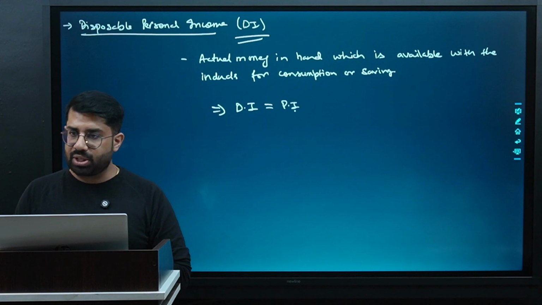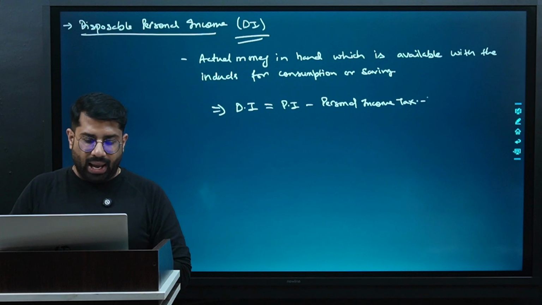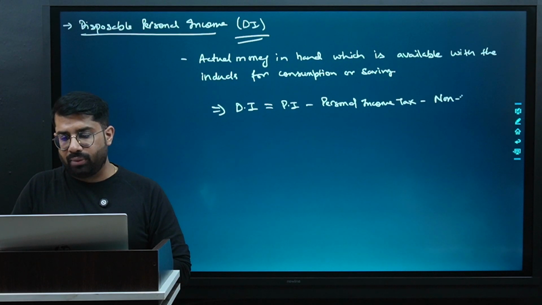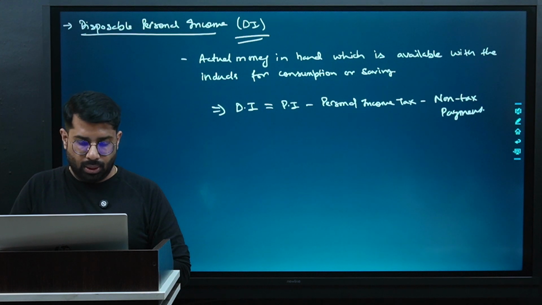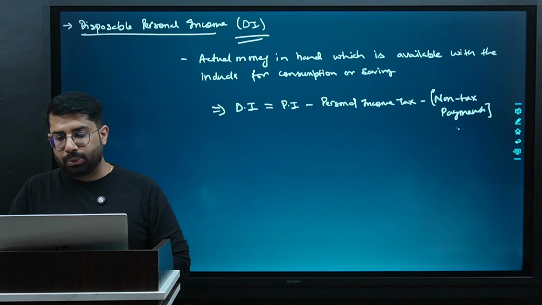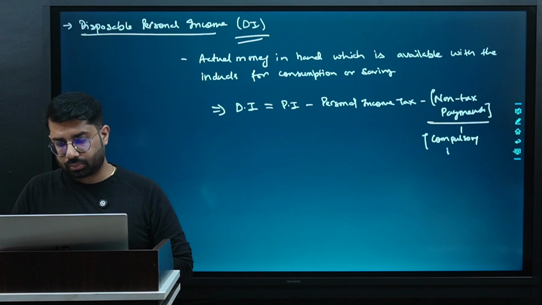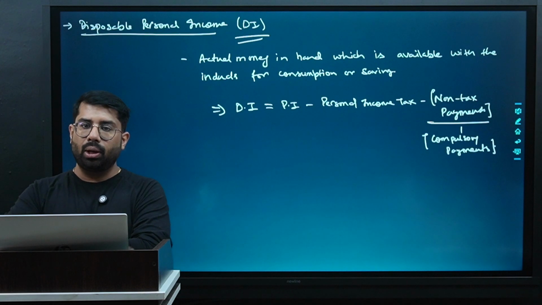The personal income you have received minus the personal income tax you have paid, that is a direct tax, or any other non-tax payment you have done. Non-tax payment as in you will take only compulsory payments.